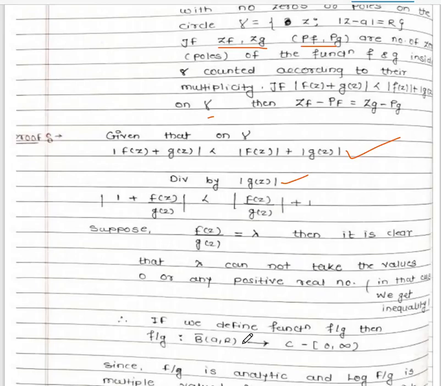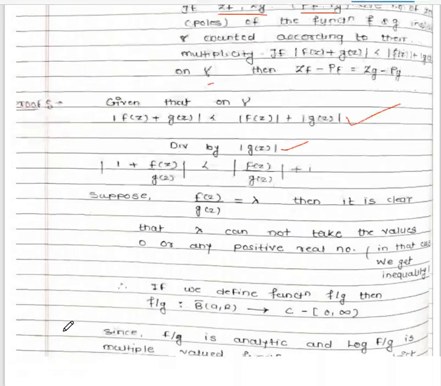To prove this theorem, let us consider f of z upon g of z equal to lambda. Then it is clear that lambda cannot take the value 0 or any positive real number, because in that case we would get equality instead of the inequality.